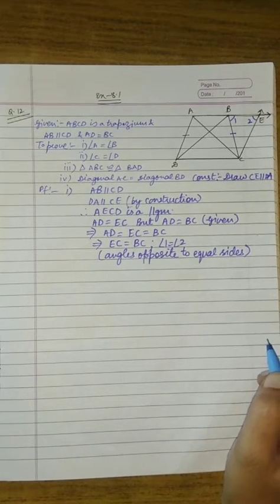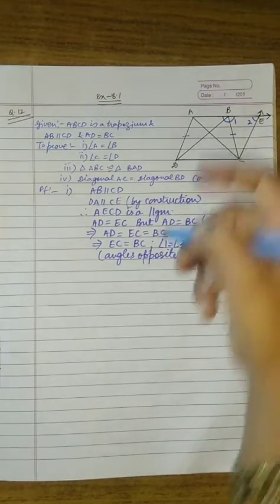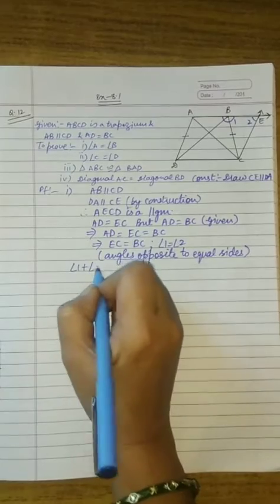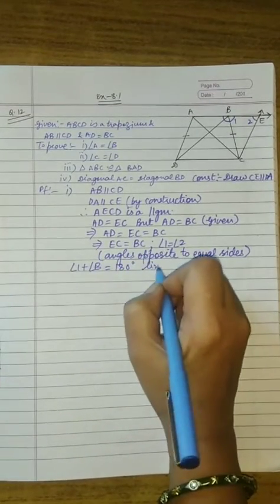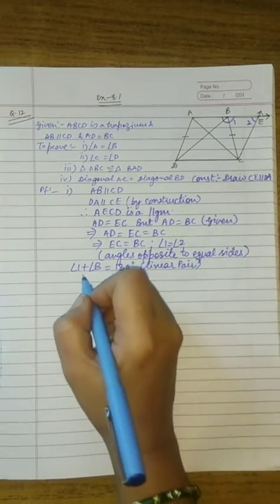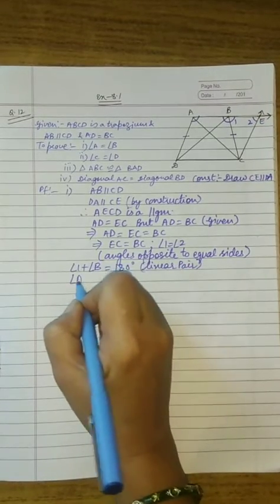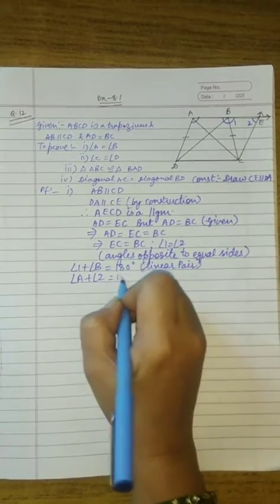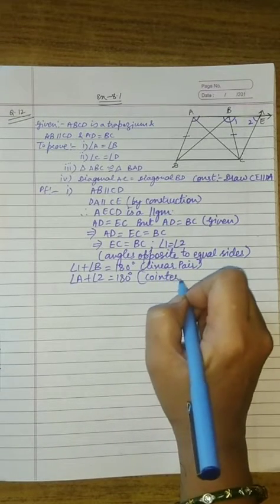So now you can see angle 1 plus angle B is equal to 180 degree, linear pair, and then also angle A plus angle 2 is equal to 180 degree, co-interior angles.